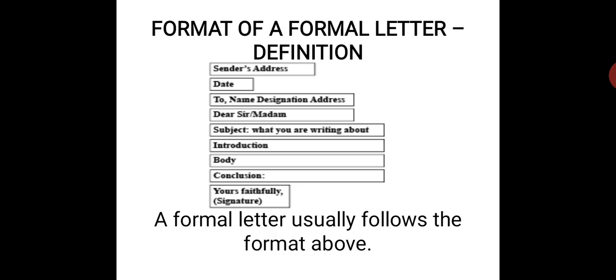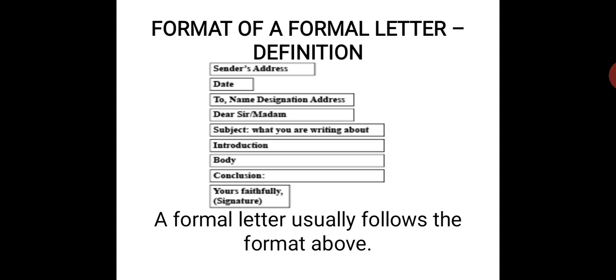Here, look at the figure, or look at the picture, or look at the image. The image is showing you one after another, step by step, the format of a formal letter. This is said to be the format of a formal letter.